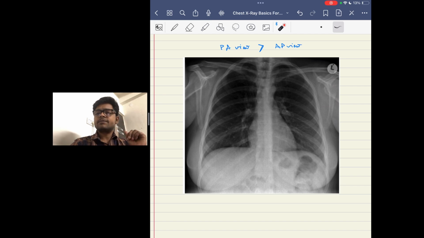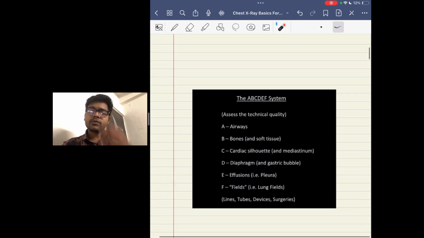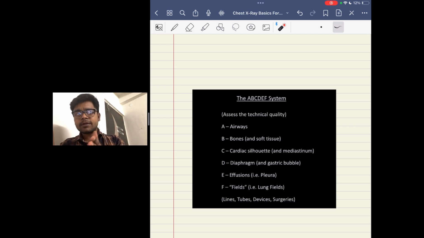Otherwise, mostly it is the PA view, and it is usually written at some top corner of the X-ray or maybe at the bottom also. So just by looking at the X-ray, you start off by saying that this is a digital X-ray in PA view, right?